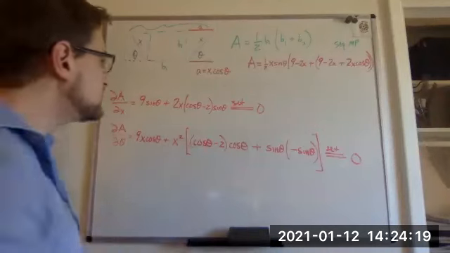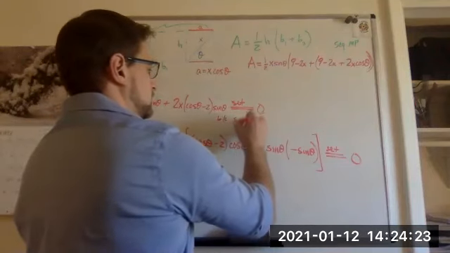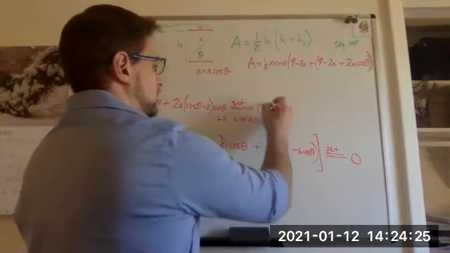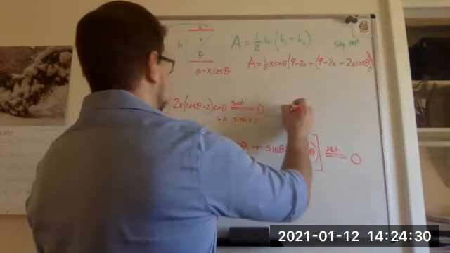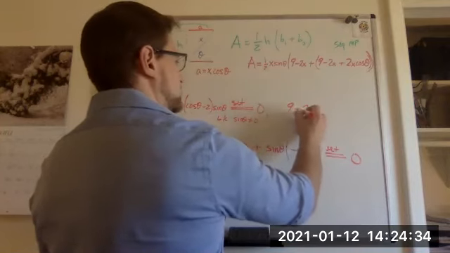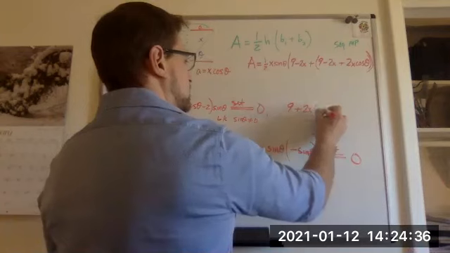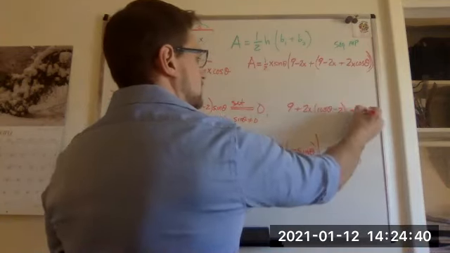So because sine theta isn't 0, nine plus 2x cosine minus 2 is 0.